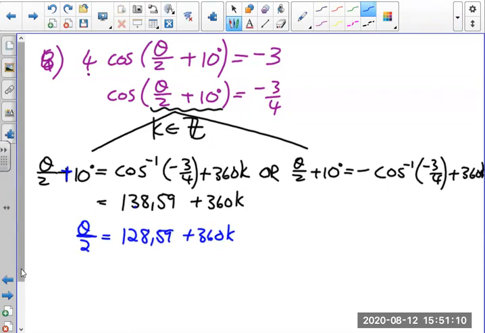Now get rid of the divide by 2 by multiplying by 2, and you get theta is equal to 257,18 plus. Now you've multiplied the 2 away on the left-hand side. You must also multiply the 2 away there, otherwise you're discriminating. So 360 times 2 will give you 720k.